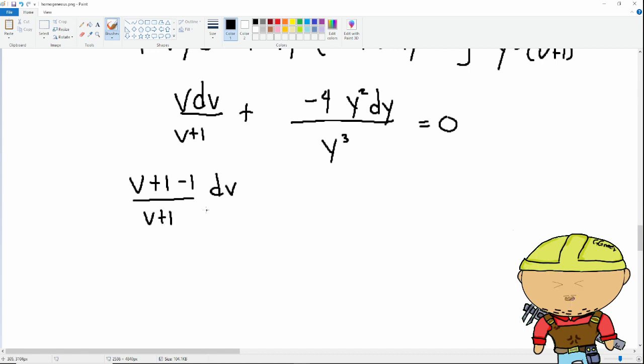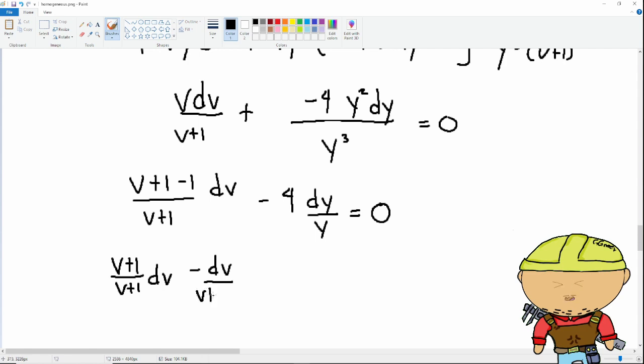Okay, v plus 1 minus 4 dy over y is equal to 0. So this will become v plus 1 over v plus 1 dv minus dv over v plus 1 minus 4 dy over y is equal to 0.